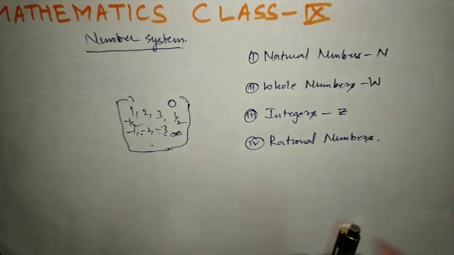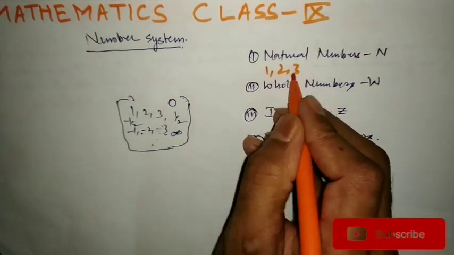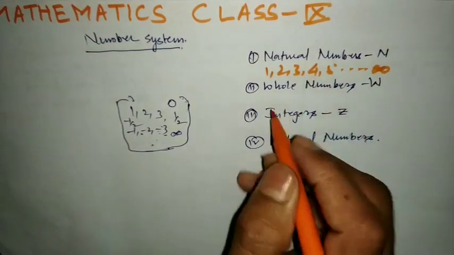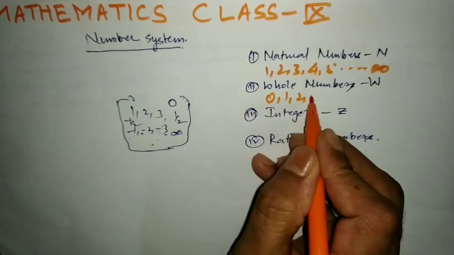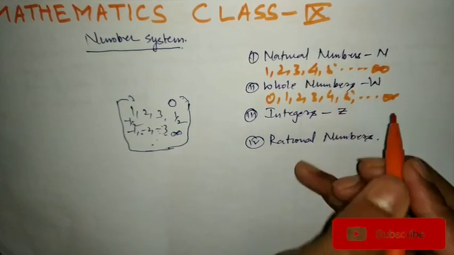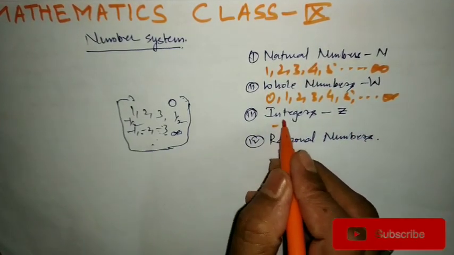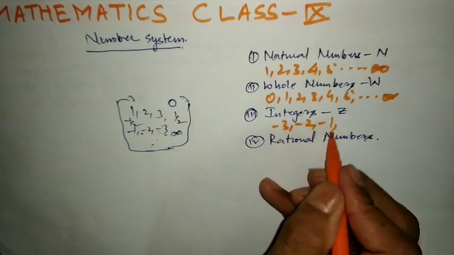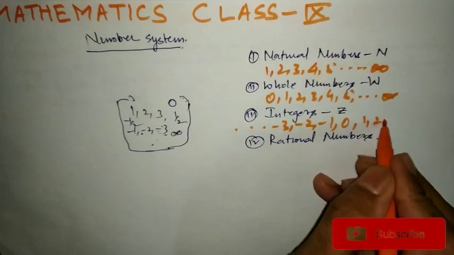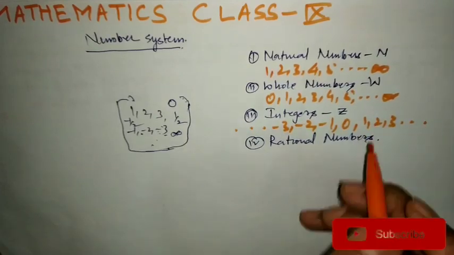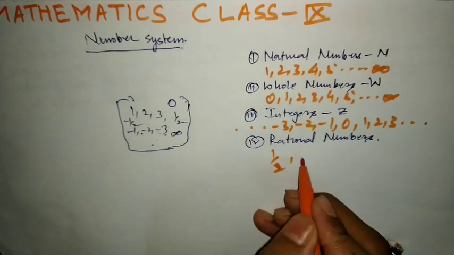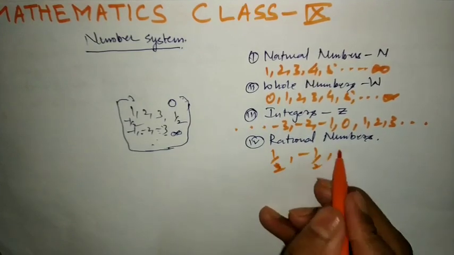So what are natural numbers? 1, 2, 3, 4, 5, and so on to infinity. If you include 0, 1, 2, 3, 4, whole numbers; integers, negative numbers; rational numbers, 1 by 2, minus 1 by 2, 0.